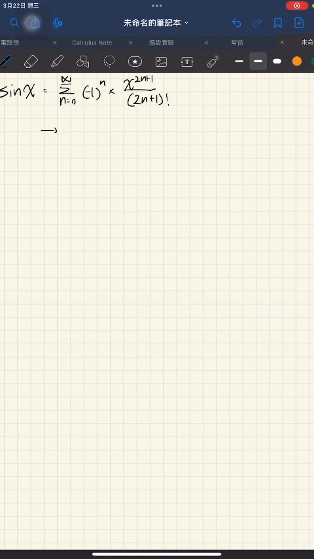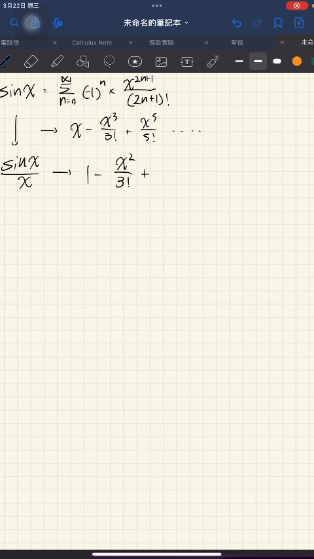And then we get these, and so on. Now we will divide all of them by x. So we got sin x over x, we get 1 minus x squared over 3 factorial, and so on.